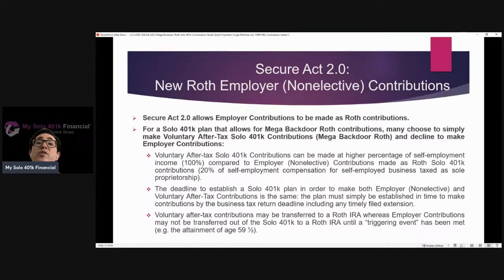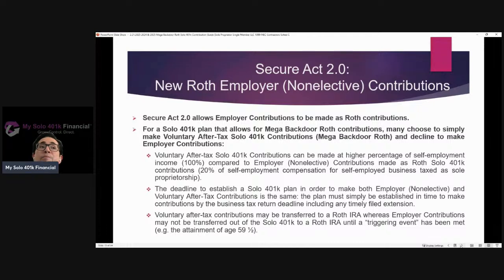Whereas one would need to meet a triggering event before they transferred those employer contributions made as Roth contributions out of the solo 401k, even if they're going from a Roth solo 401k to a Roth IRA. For example, a typical triggering event is being at least age 59 and a half or older. So there's more flexibility with those voluntary after-tax funds.